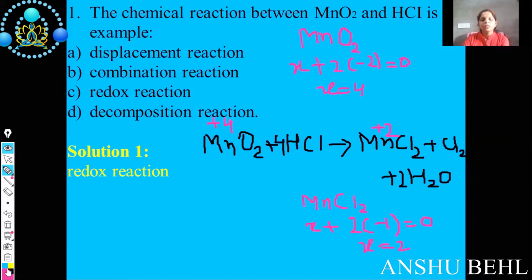So what we can say, manganese is changing its oxidation state from +4 to +2. That is by gain of 2 electrons per atom. Gain of 2 electrons per atom means it is acting here as an oxidizing agent.